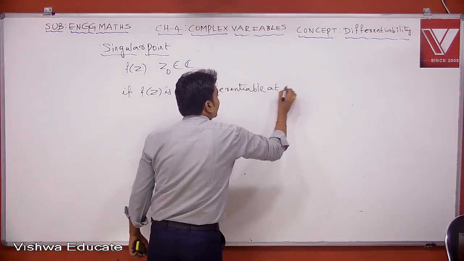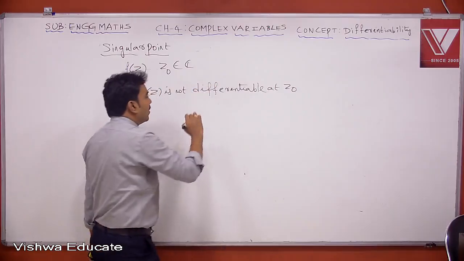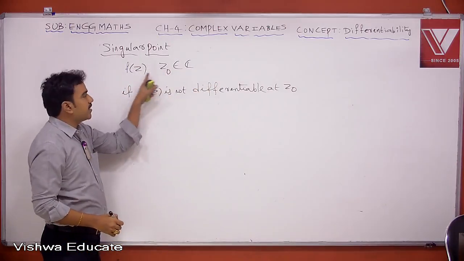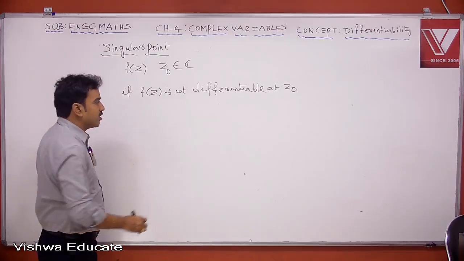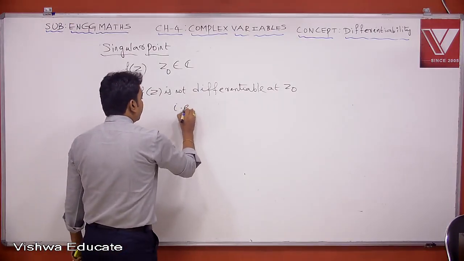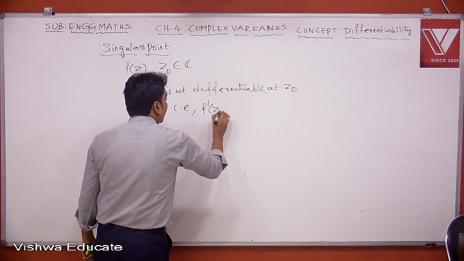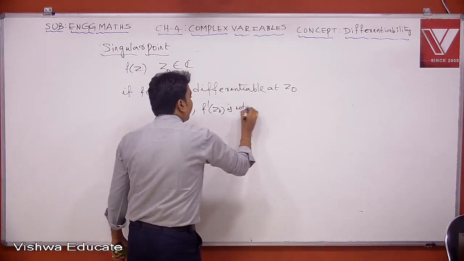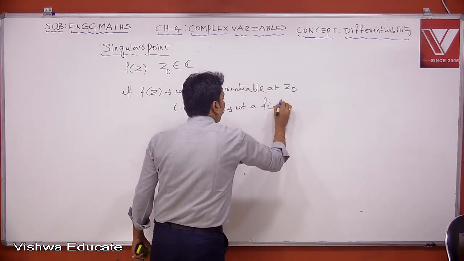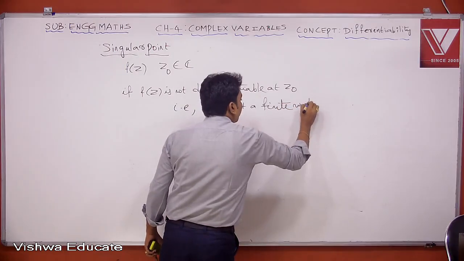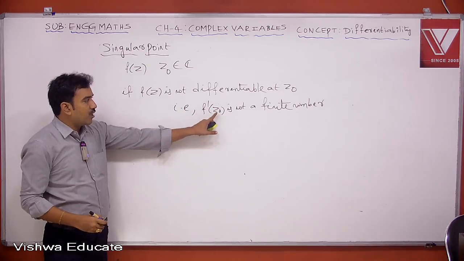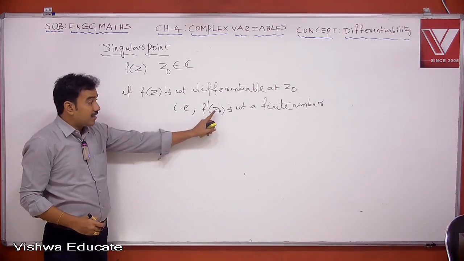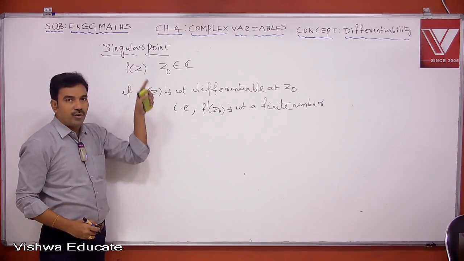What does it mean? That is, f dash of z naught is not a finite number. That means the derivative of the function at that particular point is not a valid number. In that case, the function has no derivative at z naught, and this z naught is called a singular point of this function.